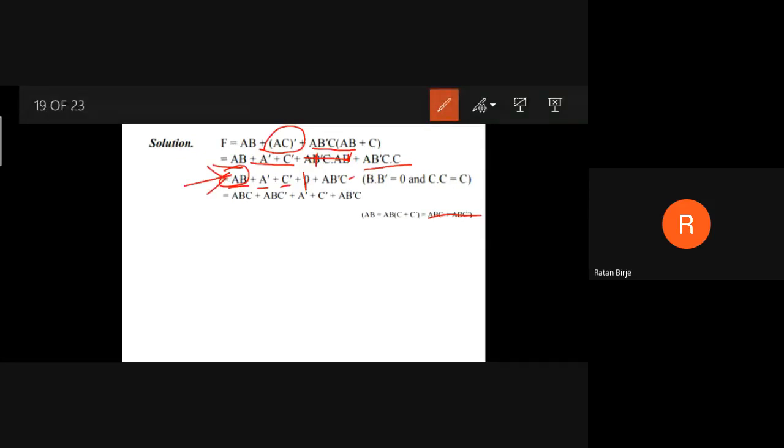If I take AB common, C plus C dash will be equal to 1, so again you will be left with AB. To further simplify, I have written AB as ABC plus ABC bar. Then A bar I have retained as it is, C bar I have retained as it is, then A B bar C I have retained as it is. Up till here.